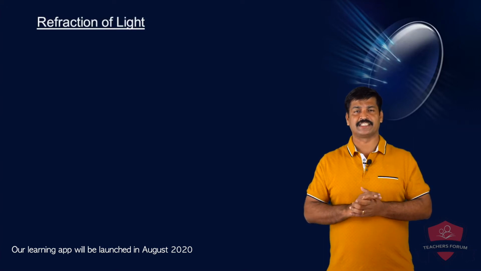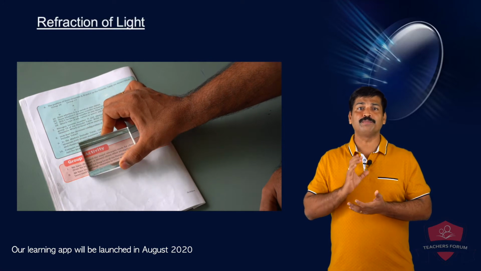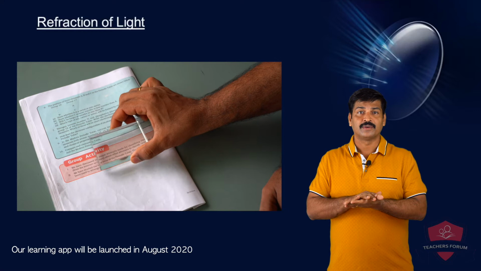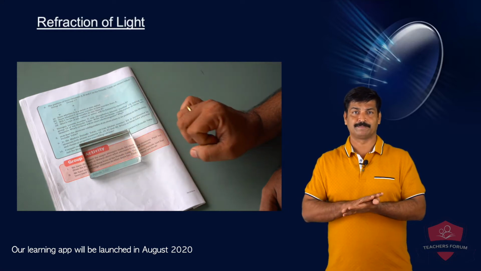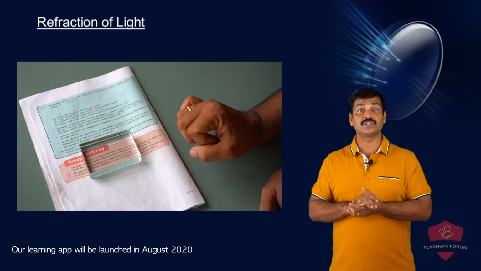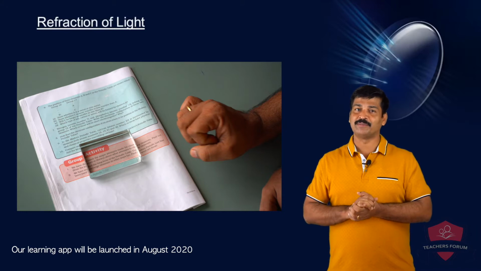Now the second case, the letters seem to be raised when you place a rectangular slab over some printed matter. Why does this happen? Here the light from the letters passes through the glass slab first, then enters air. So there are also two transparent media.